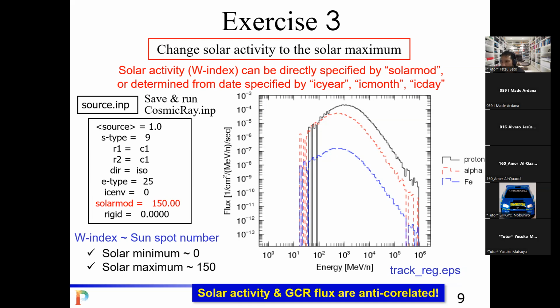Because cosmic rays come to the Earth rather fast compared to the solar wind. So when the sun explodes, the solar wind takes several months to scatter to the heliosphere.